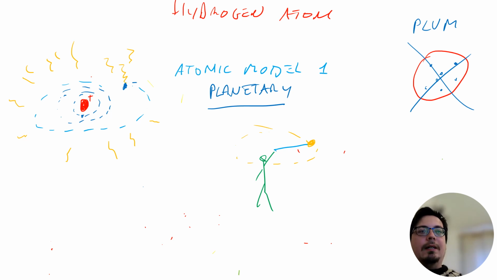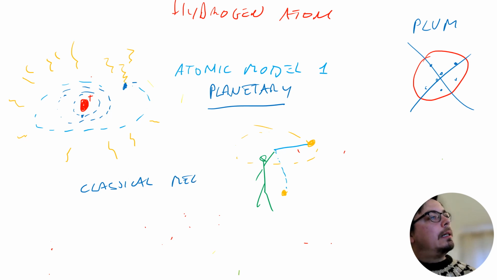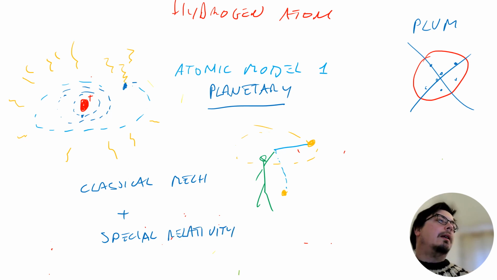If it's very fast, it will stay in orbit. If you reduce it, it will gradually slow down until it stops and collapses on your feet. So this is the same thing that should happen if you combine classical mechanics plus special relativity. They don't go well with this atomic planetary model.